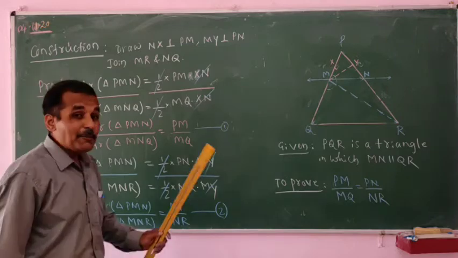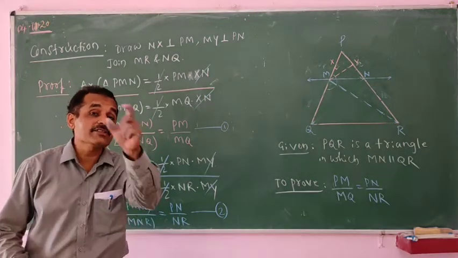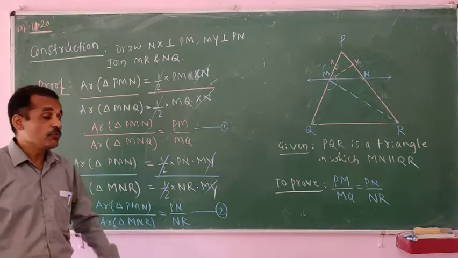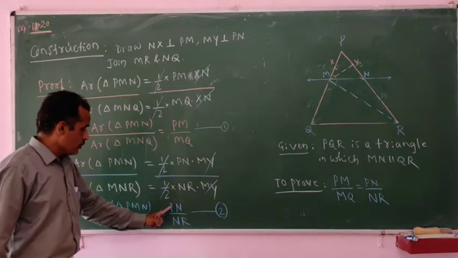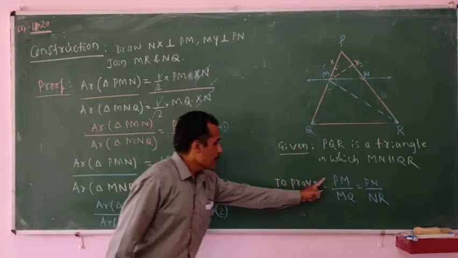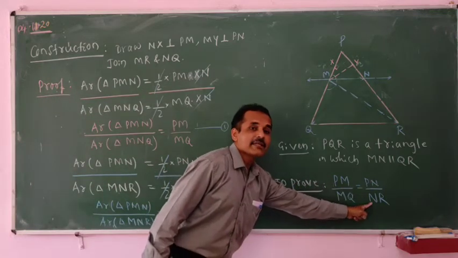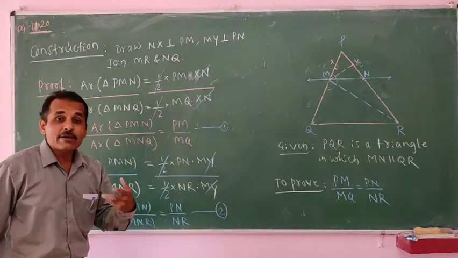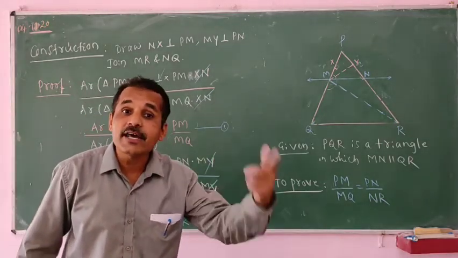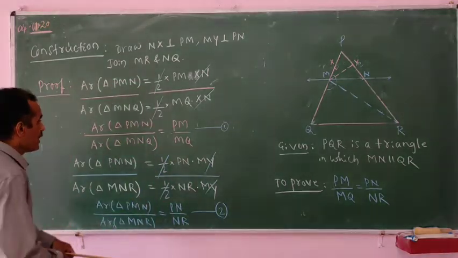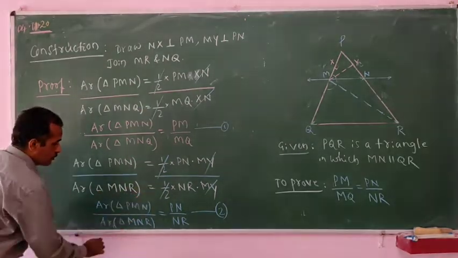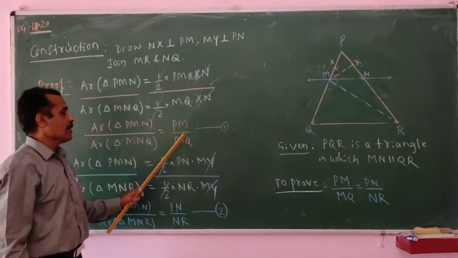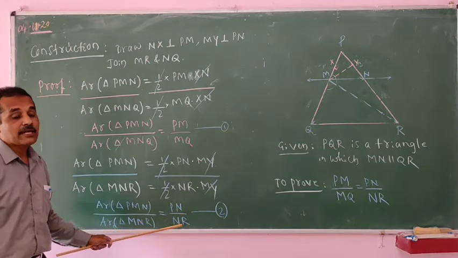Pay attention. Now look at the RHS of both equations. Let's see the RHS: PM by MQ, PN by NR. What I have to prove is PM by MQ equals PN by NR. If I am cancelling the LHS, I can write PM by MQ is equal to PN by NR.